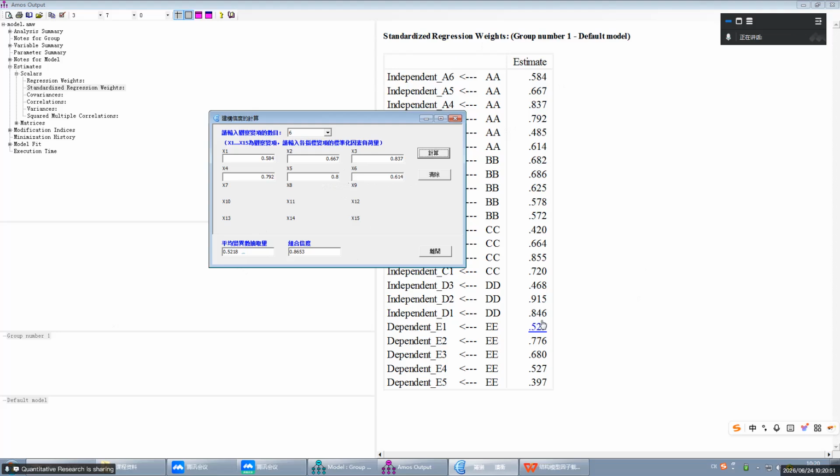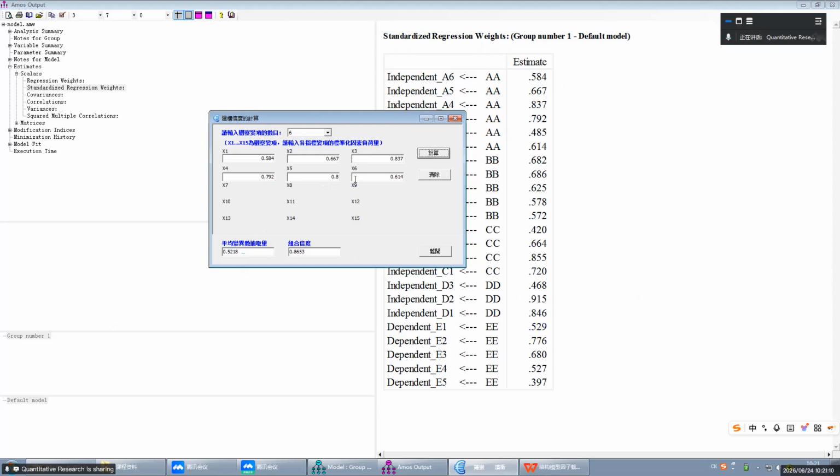Now let me explain. Can you understand what is meant by intercorrelation? No. Okay, now let's explain.